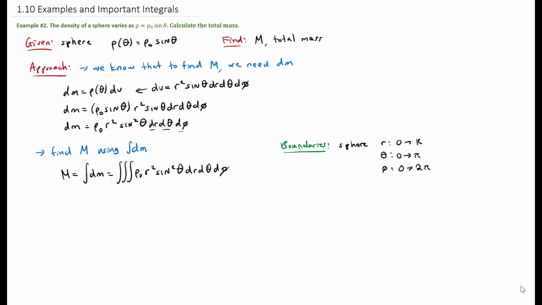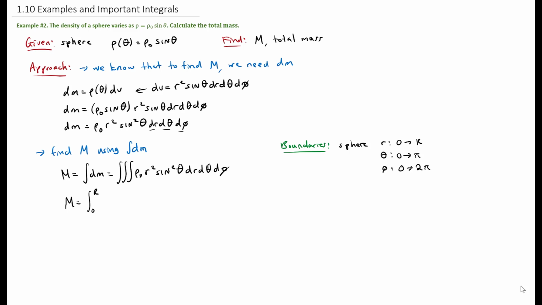Once again, these are all constants. None of the boundaries and the variables are dependent on one another, so it doesn't matter what the order of integration is. I'm just going to go from top to bottom. So 0 to R.